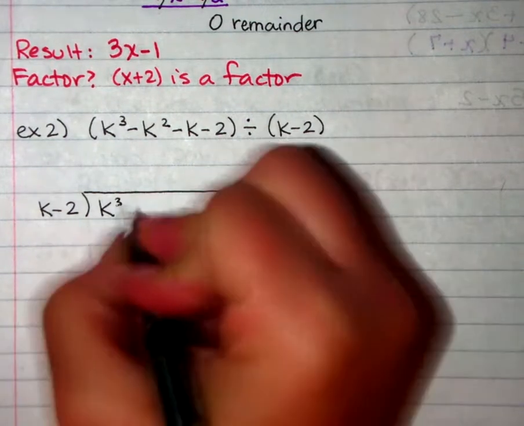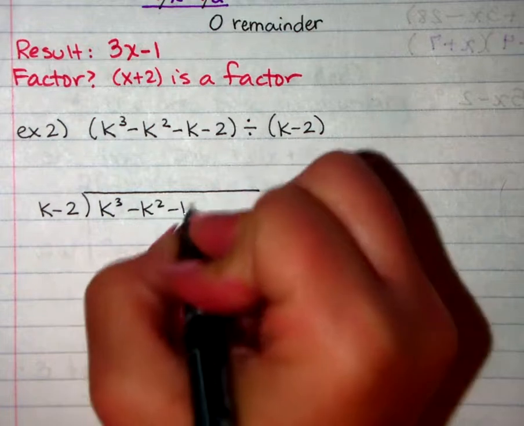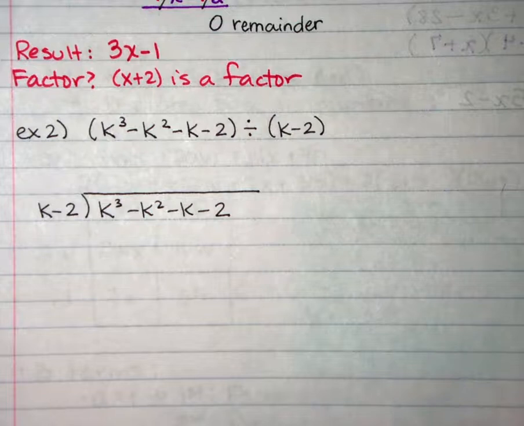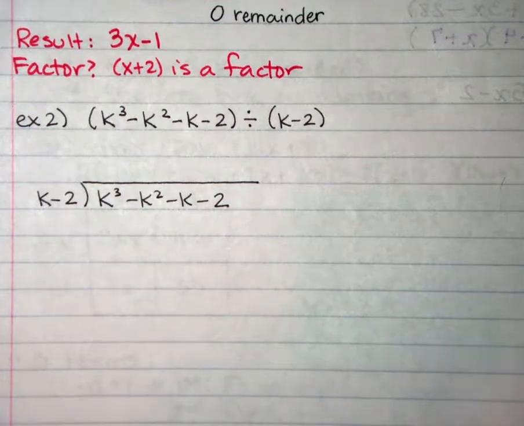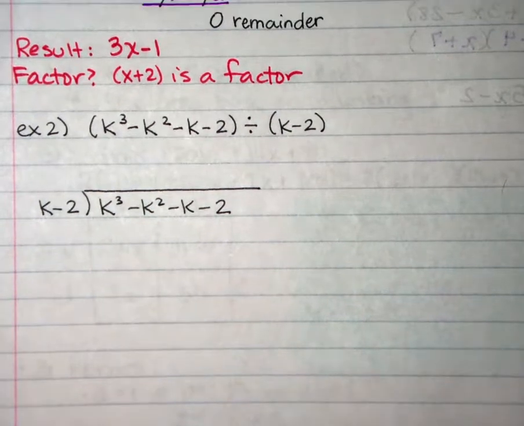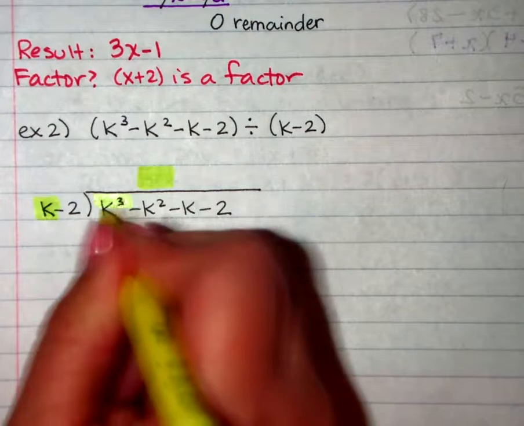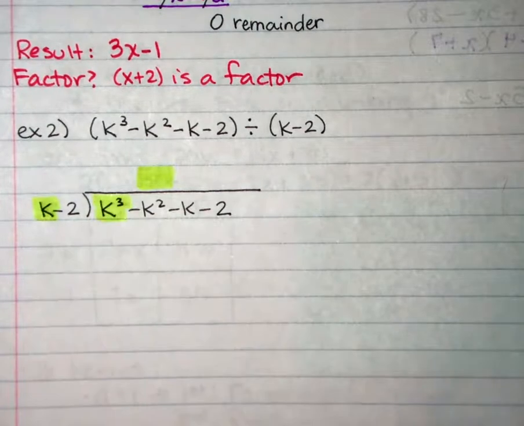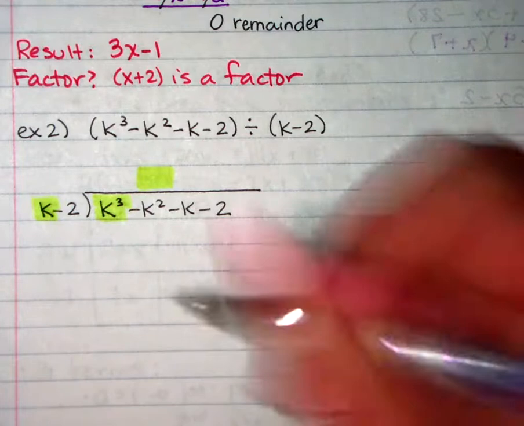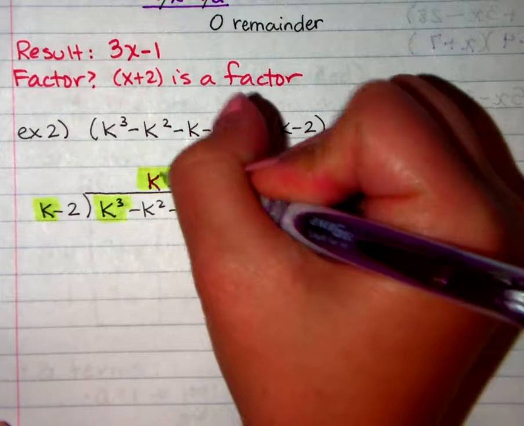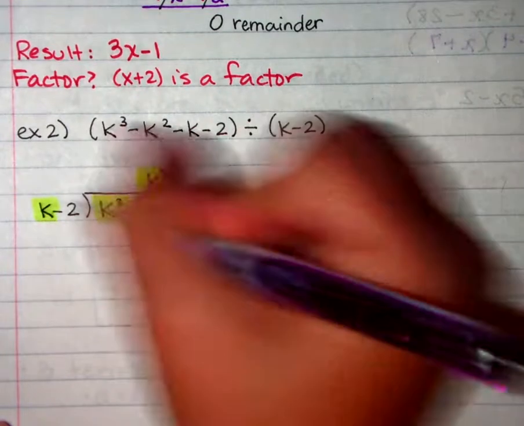And I want to start asking myself these questions. What can I multiply here times k to get the first term? Number-wise, I just need a coefficient of 1, but I need k squared to be able to multiply to get k cubed. So we're thinking about our rules of exponents and what times what gives us k cubed. My second step, once I decide what I'm multiplying by, is to do the multiplication.